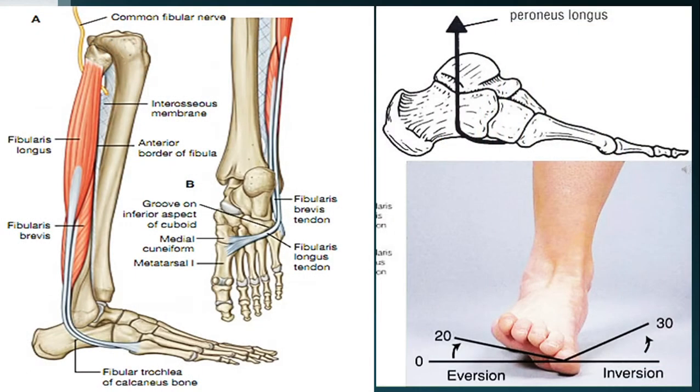Now, talking about the mechanisms of these muscles, first we discuss the range of inversion and eversion. You can see here that the range of inversion is more than the eversion. Then an important point to discuss is that fibularis brevis is going to perform eversion by lifting the lateral border of the foot, while the mechanism of fibularis longus is different, as it is going towards the plantar aspect of the medial side.